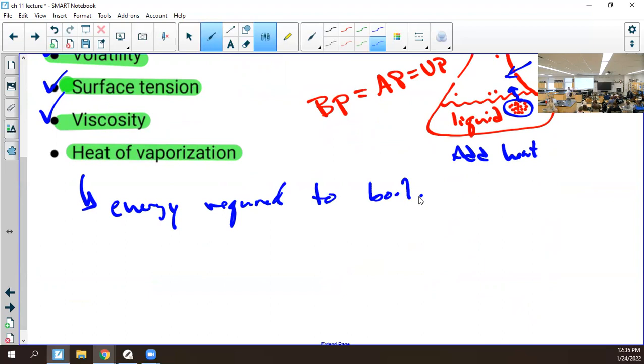So the stronger the intermolecular forces, the blank heat of vaporization, higher or greater. Okay, so it's just like boiling. If they hold each other stronger, it's harder to break them. If it's harder to break them, it means it needs more energy.